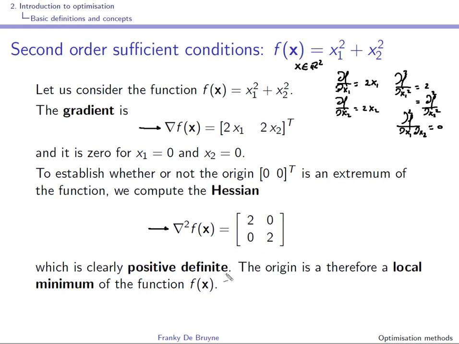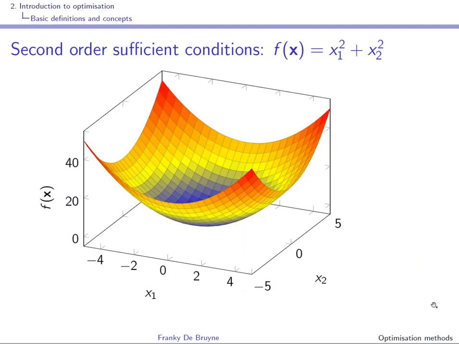Well, it's clear that this Hessian is positive definite, right? So the origin is a local minimum of the function f of x, as we had kind of expected. And indeed, this is a graphical representation of the function, and as you had expected, it is a paraboloid with a minimum at the origin.